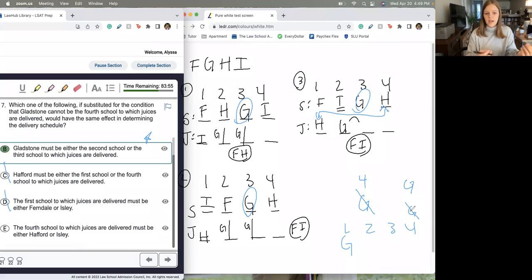To recap, phase 2 confirms B is our answer choice because of the other rules that interact with it. If G is in that 3rd spot in S3 in our snack line, it cannot be in that 4th spot, which means it can't be in J1. So technically, G can't go in 1 and can't go in 4, which is why we're forced to put G in 2 and 3. Hopefully that makes sense.